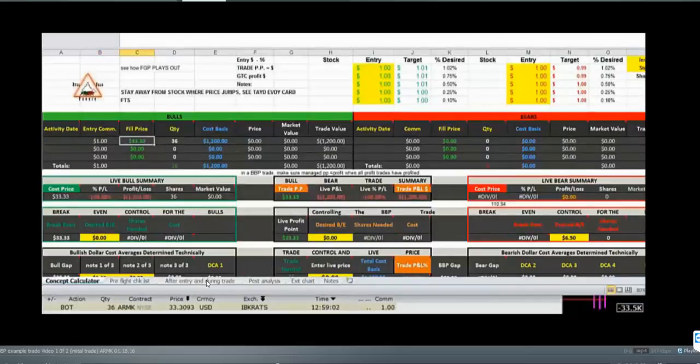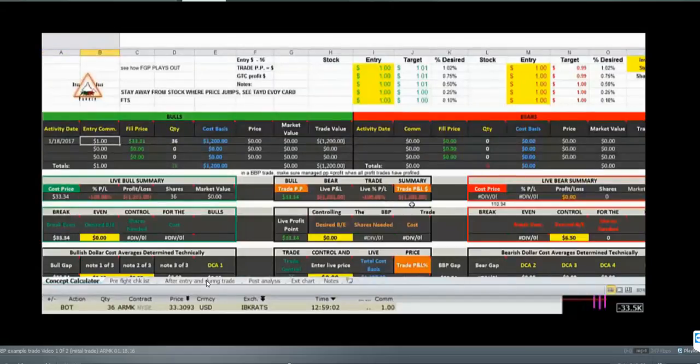Then our fill price was 33.3093, so we could put 33.3093. The quantity was 36 shares, which does match. And that's pretty much it. Activity date today will be the 18th. And that's it for entering all the information here.